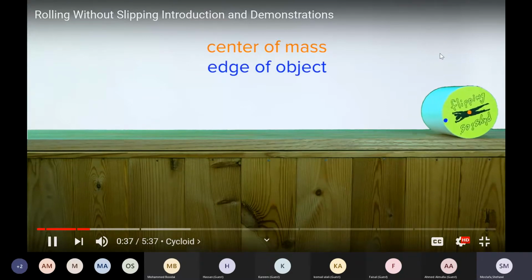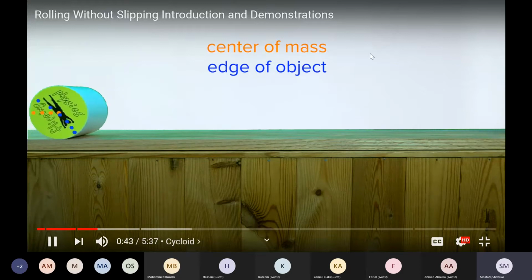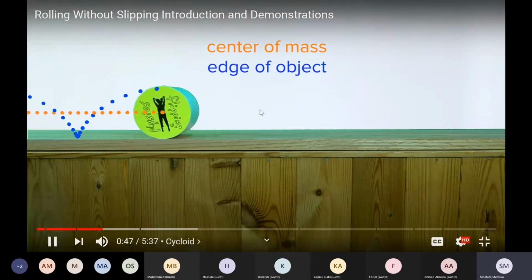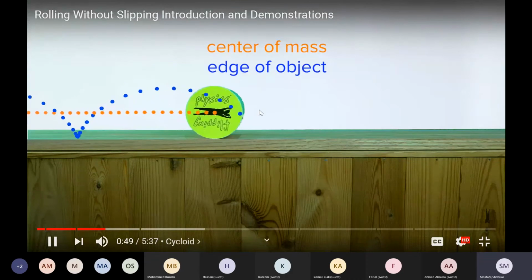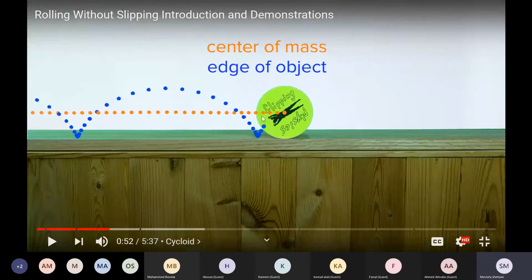A point on the edge of the object is a dot in blue. I have also added dots which track the locations of those points. You should be able to see that the orange dot at the center of mass of the object rolling without slipping is moving at roughly a constant velocity. The distances between these dots are equal, showing a regular motion.